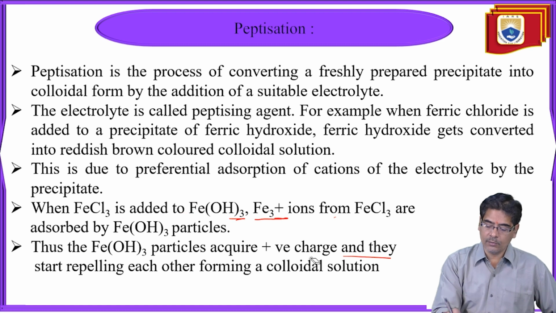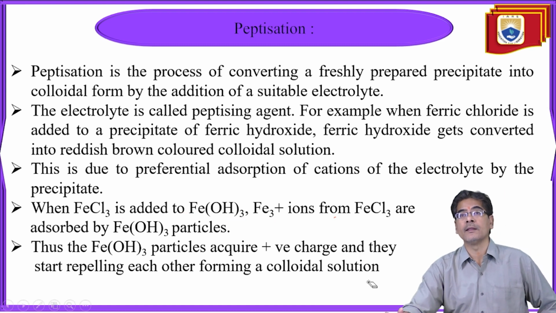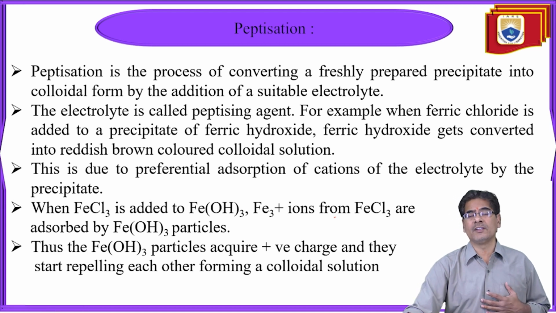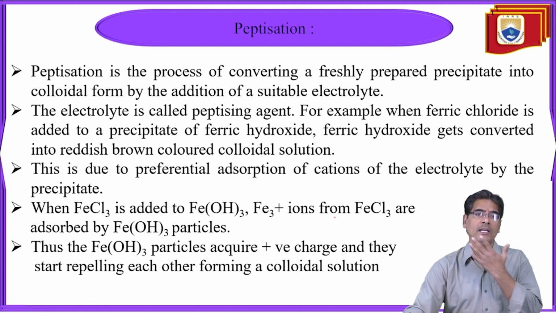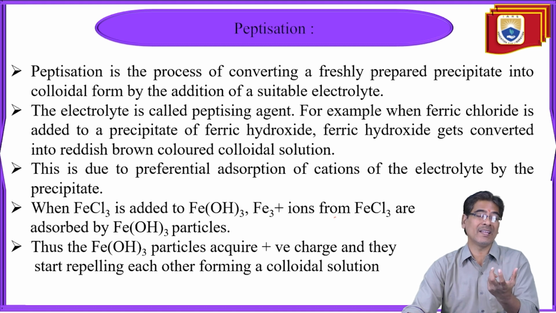This is one of the peptization methods for the preparation of colloids. Peptization is a process of converting a freshly prepared precipitate into colloidal form by addition of a suitable electrolyte, called the peptizing agent.